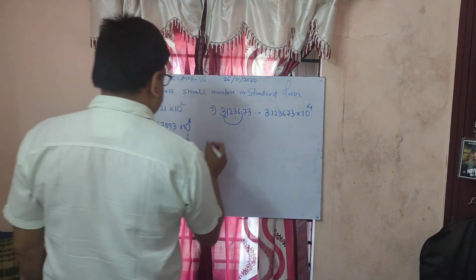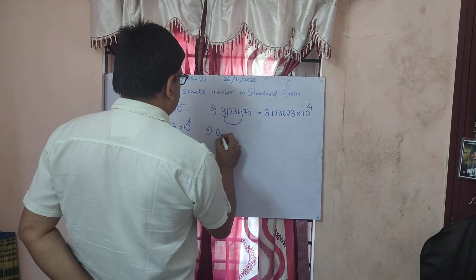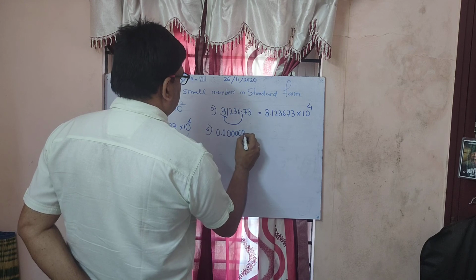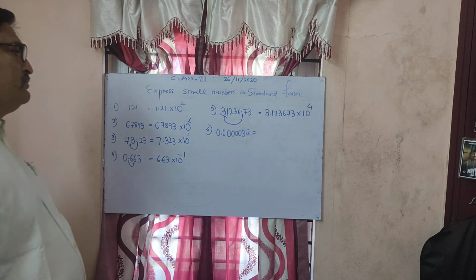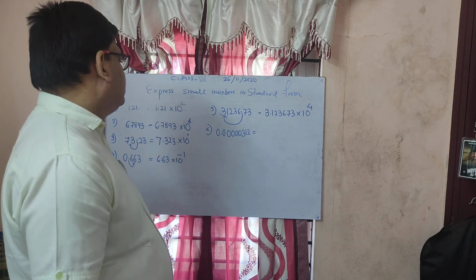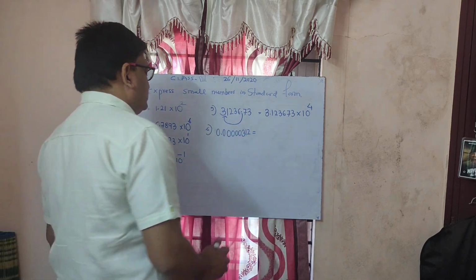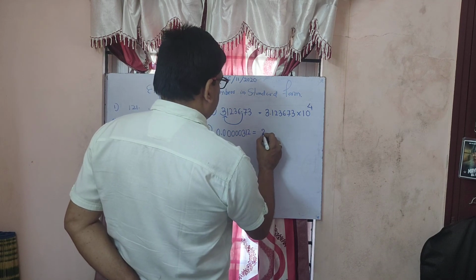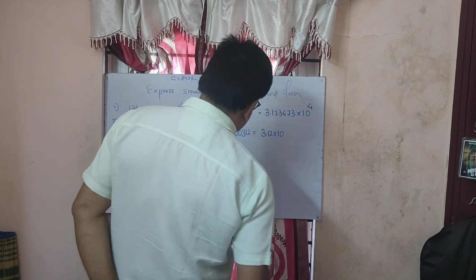Another example. Now look here. 0.000312 could be written as 3.12 into 10 to the power.